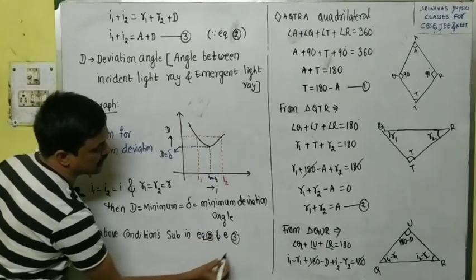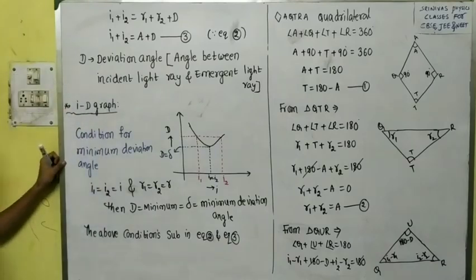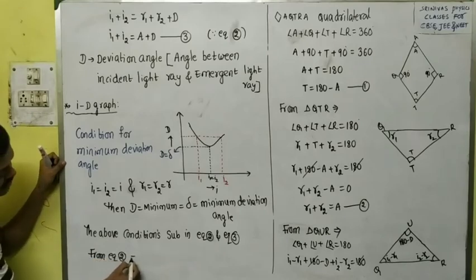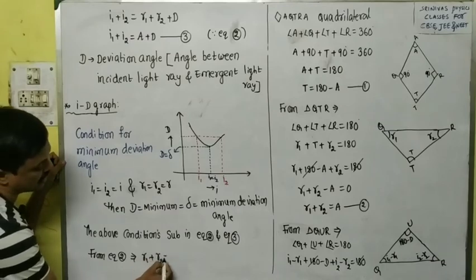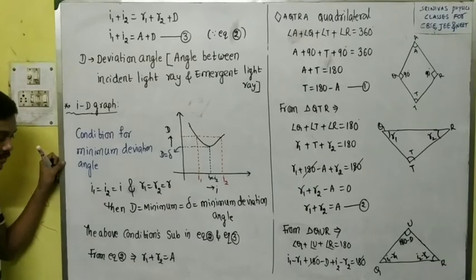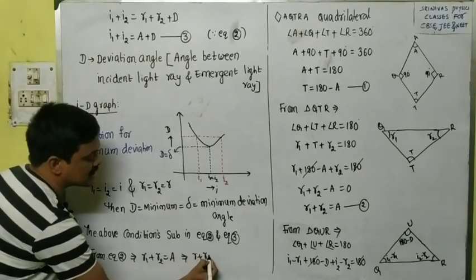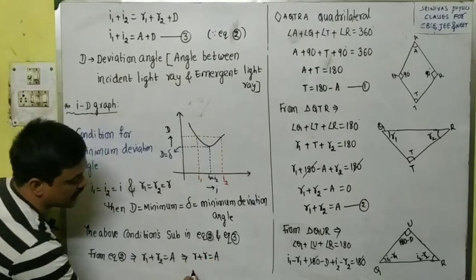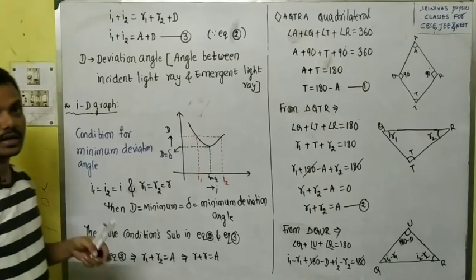From equation 2 we have R1 plus R2 is equal to A. We write R1 as R and R2 as R. Then we get R plus R is equal to A, so 2R is equal to A, and R is equal to A by 2.